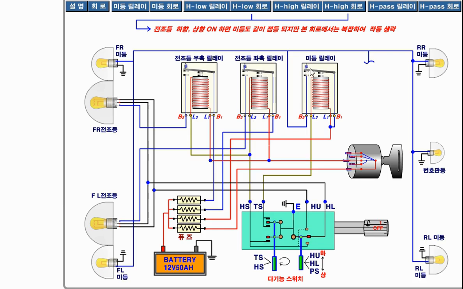That means the circuit gets closed, and then current again flows from this path, that means B1 to B2, and then to this light, this light, this light, this light, and this light.